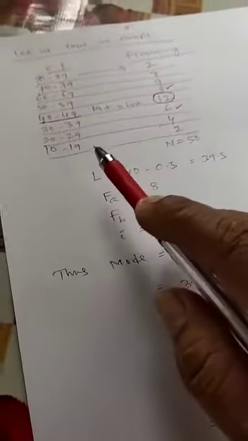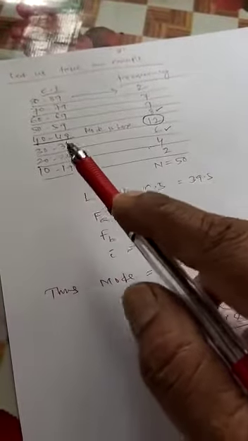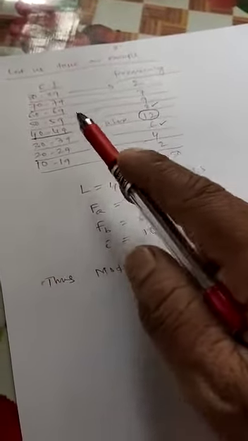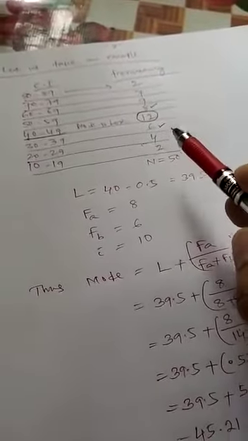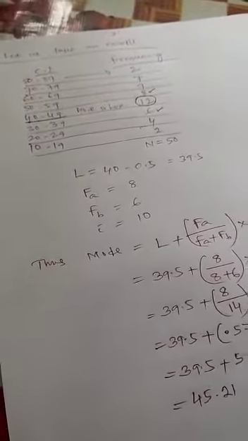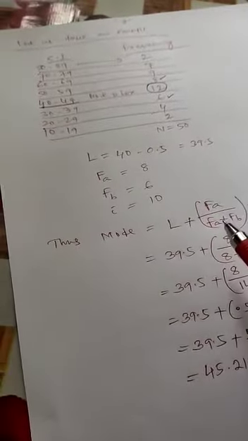So next we have to find the frequency below. Towards the bottom end there are lower scores and towards the top end there are higher scores. On the basis of the concentration of the scores, we find the FA and the FB. And I means the size of the class interval, which is here 10.